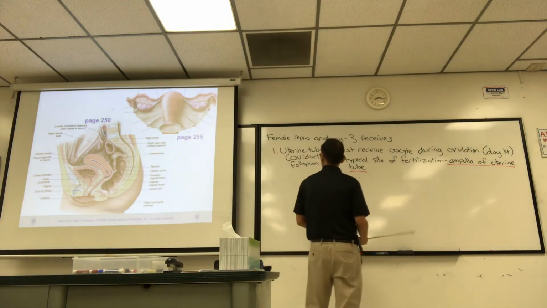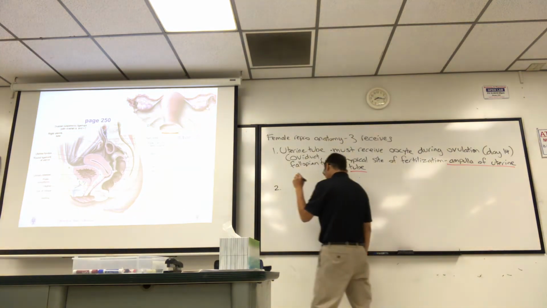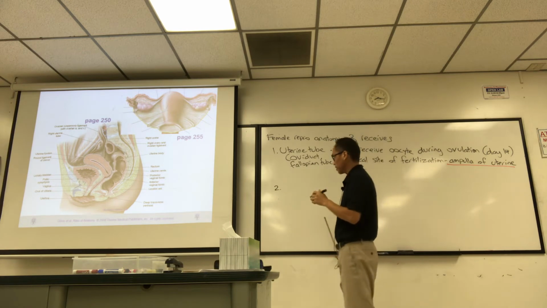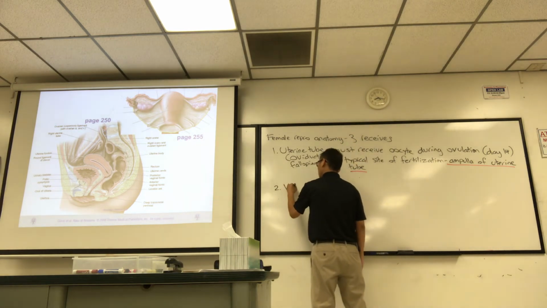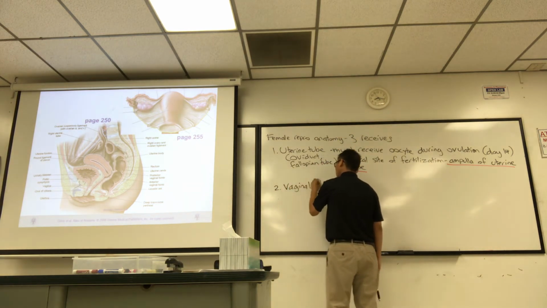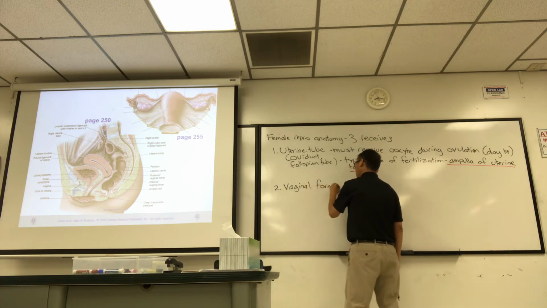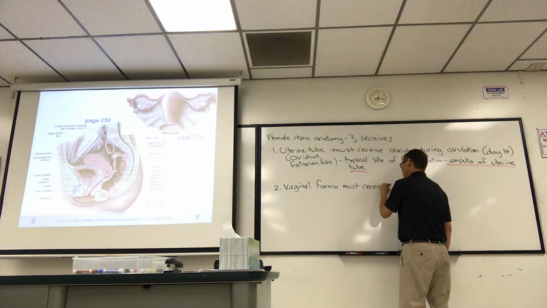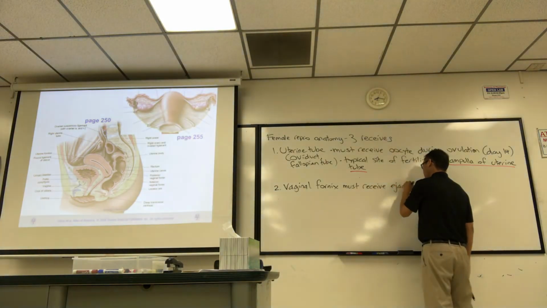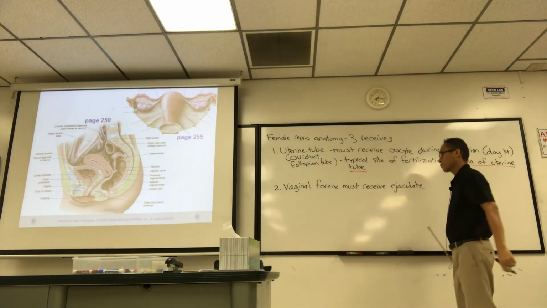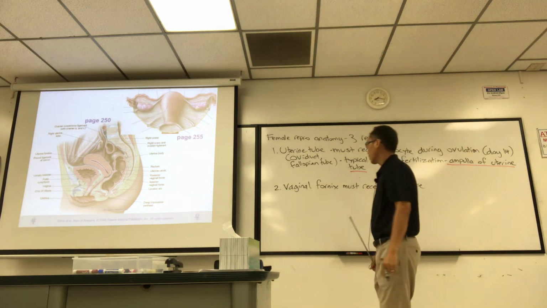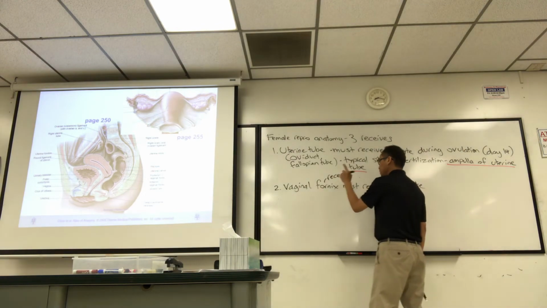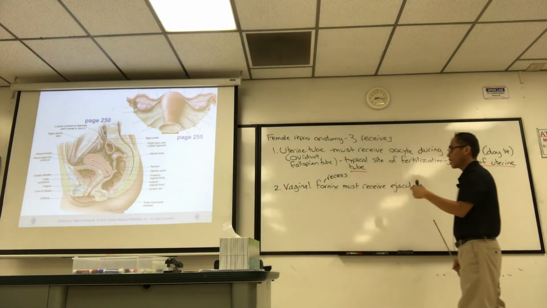So the second receives is the vaginal fornix must receive ejaculate. So the vaginal fornix, a fornix is a recess. And this is at the junction between the vagina and uterus.